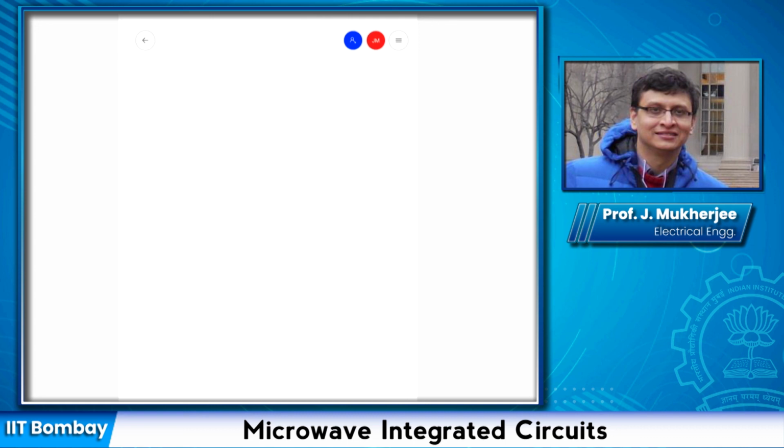Hello, welcome back. So in this second part of this lecture, we'll be covering the topic of Smith chart. So what is this Smith chart? The concept of Smith charts is what we call a bilinear transformation.